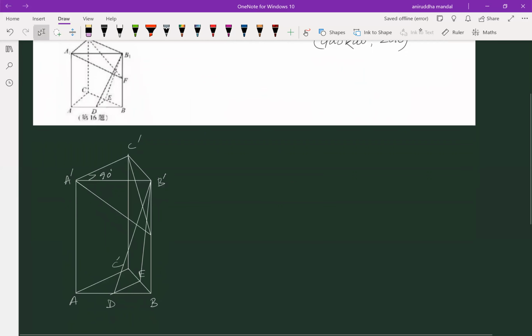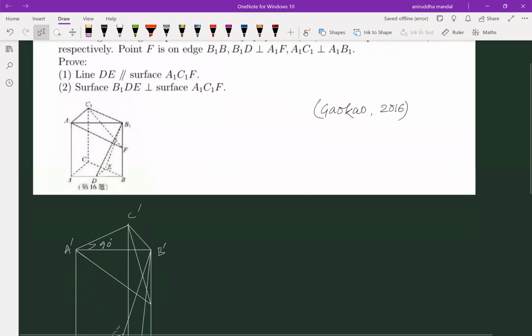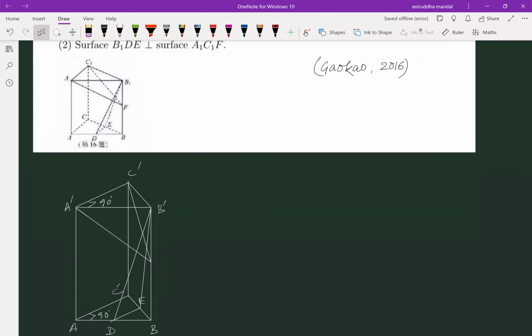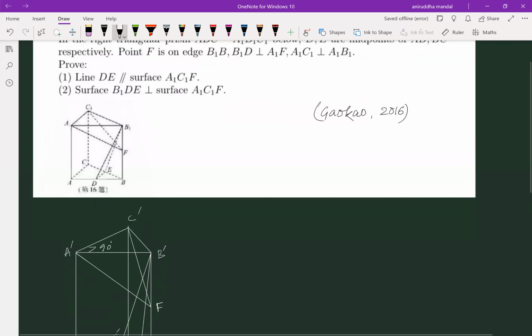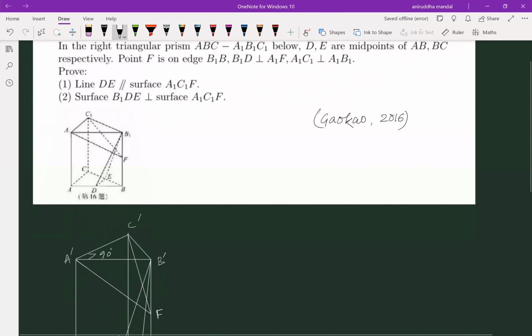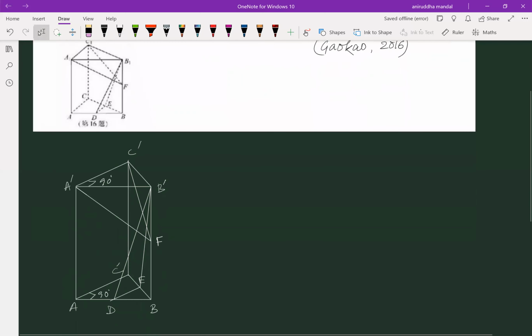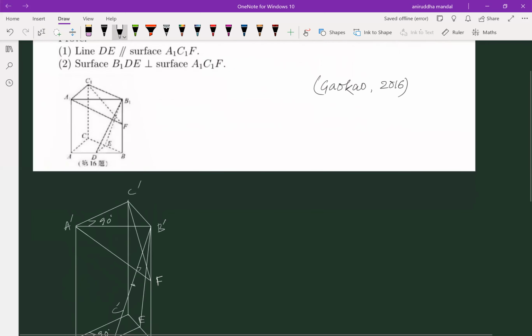Similarly, as it is a right triangular prism, this is also 90 degrees. This F point is on the edge B1B. And B1D is perpendicular to A1F, this line is perpendicular to A1F, means this is 90. Okay, this is given.